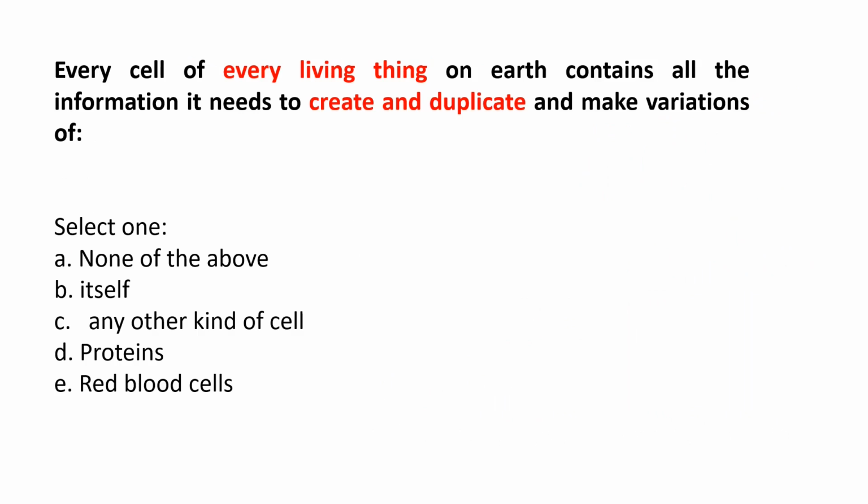Now this question. Every cell of every living thing on Earth contains all the information that it needs to create and duplicate and make variation of. So the answer here will be itself, or it can also be to produce proteins. So if you remember, we said that you have DNA, then later we can create RNA, and then you can create proteins.